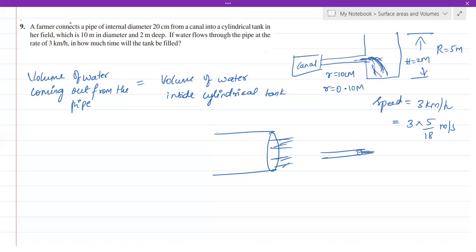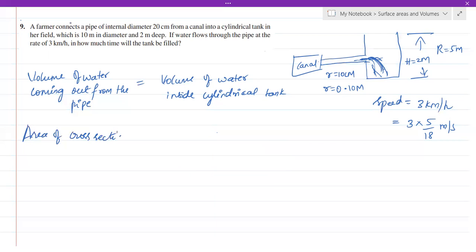Less time, less water, isn't it? So therefore the water coming out of the pipe depends on the area of cross section into speed and into time. That will be equal to the volume of cylinder. Volume of cylinder is what? Pi capital R square capital H.